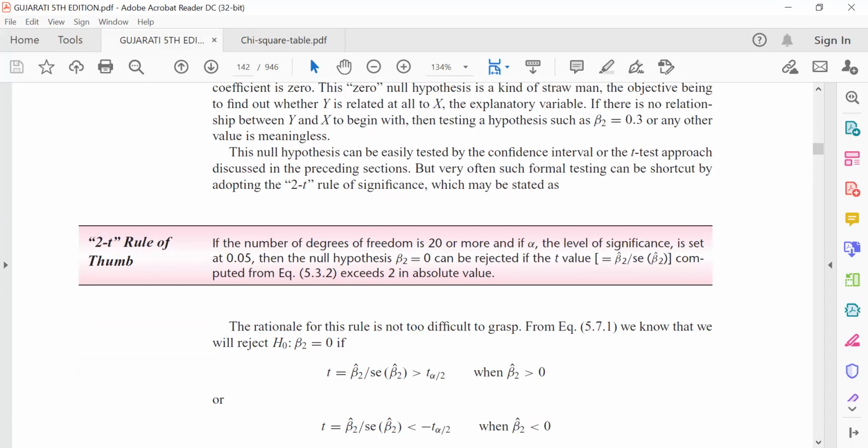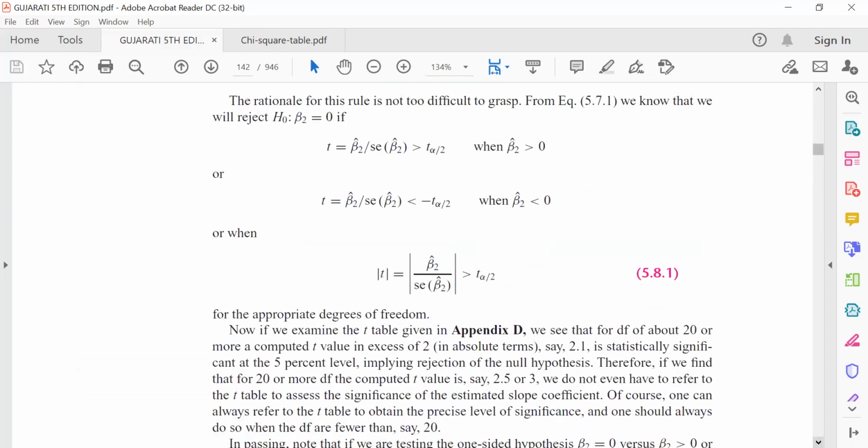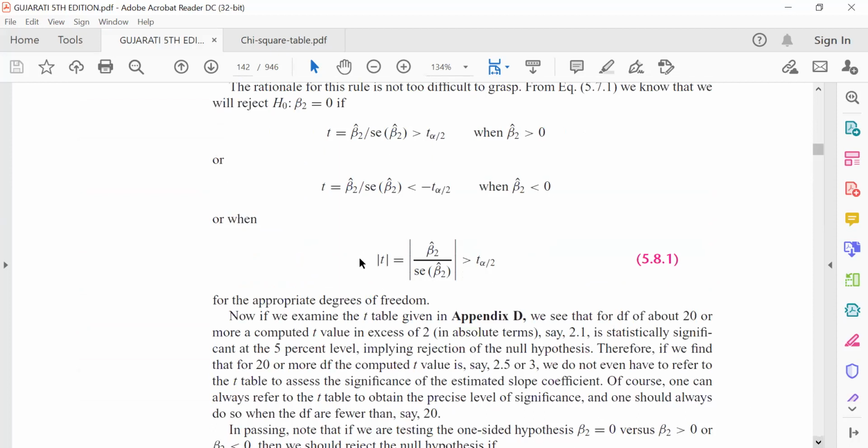This is the rule of thumb for the t statistic. Why use the absolute value? Because if we have two-sided testing, this means we go from the negative part to the positive part. So to compare, it is more convenient to use the absolute value of the calculated t.